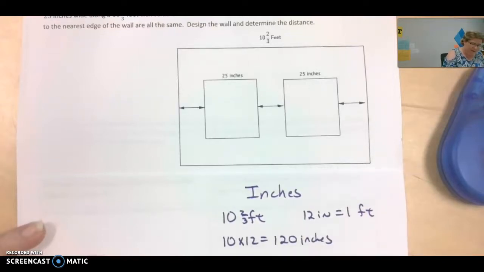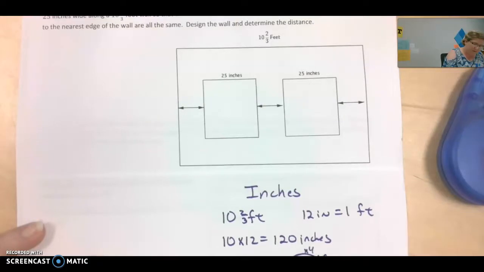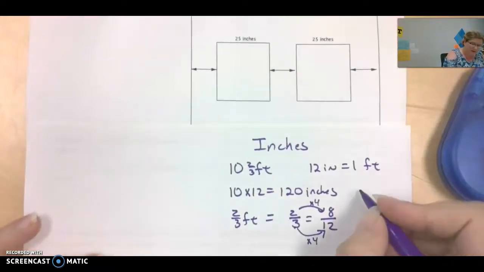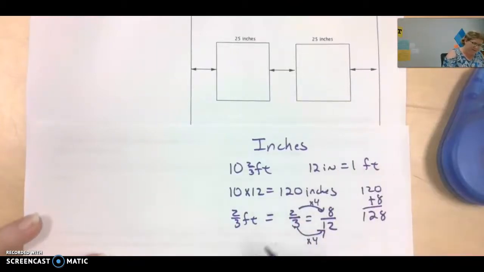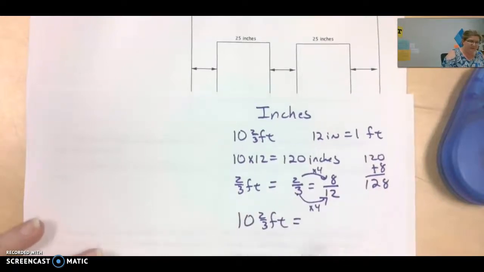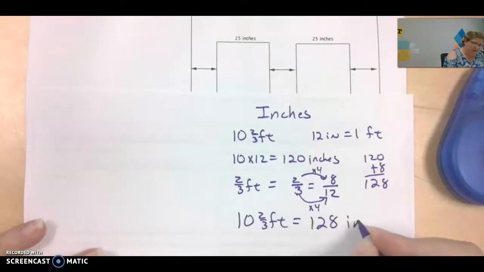And then 2/3 of a foot: from 3 to 12 is times 4, so that's 8 inches out of 12. So you've got your 120 inches plus your 8 inches is 128 inches. So 10 2/3 feet equals 128 inches.